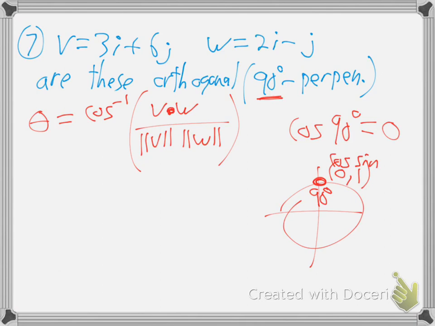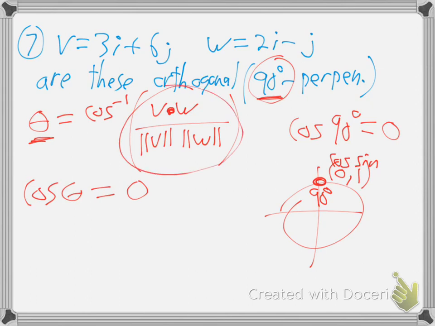So that means if those two vectors are perpendicular, if the angle between them is 90 degrees, then the cosine of the angle theta will be 0. So in other words, this will be 0, because theta will be the inverse cosine of 0. You tracking with me? Am I losing you on one of those steps?